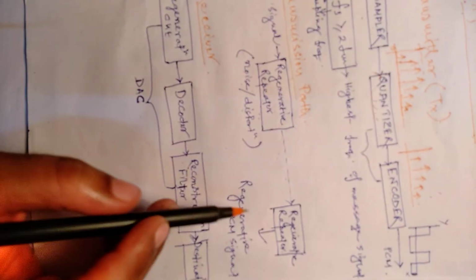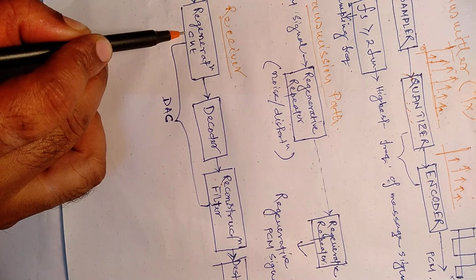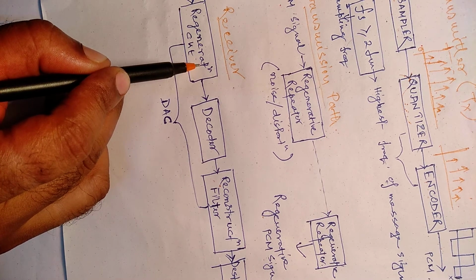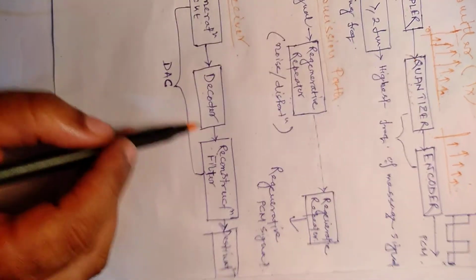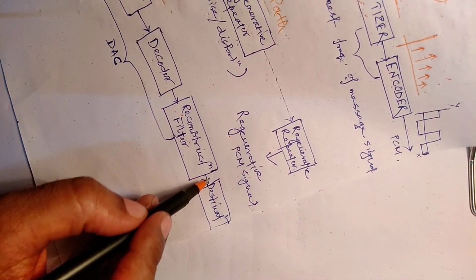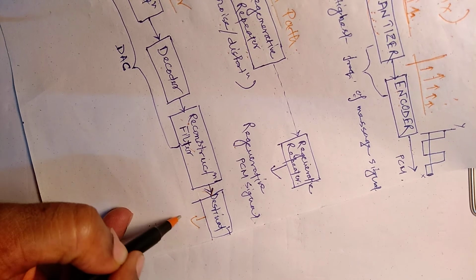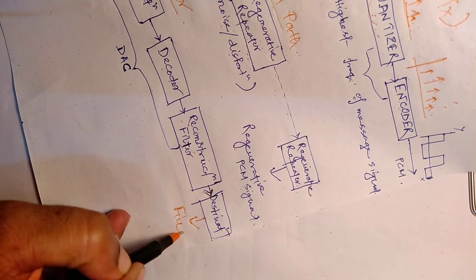That particular regenerated PCM signal goes through some regeneration circuit, and then the output of that regeneration circuit acts as an input of your decoder, and the output of the decoder goes through some reconstruction filter, and finally you reach your destination. Okay, this is your final stage.